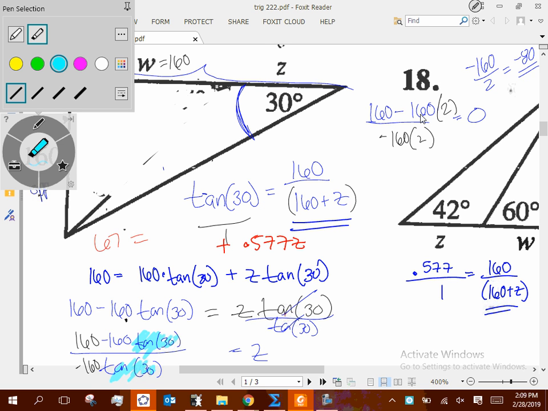You're still not going to want to do that because now this is going to be negative. Come on. Cursor died. Hold on a second. There you go. If you cancel those out, you'd end up with 160, right? Does that make sense?